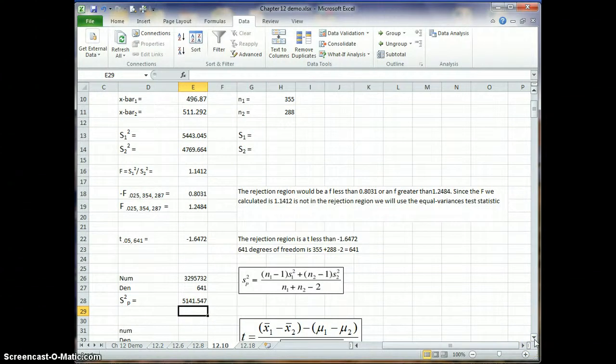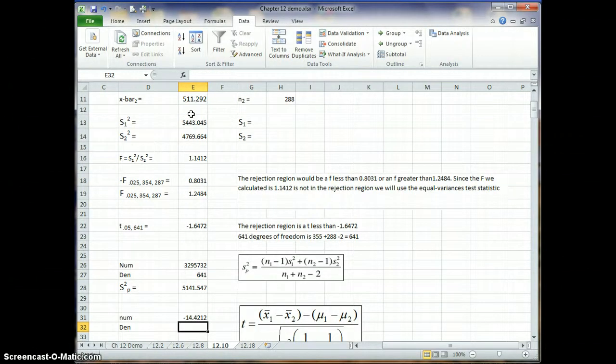So now that we have that, we're going to calculate the numerator here, which is simply the x bar 1 minus x bar 2, and again the population means we're going to assume there is no difference, so it's 0, so that's a minus minus 14.4212.